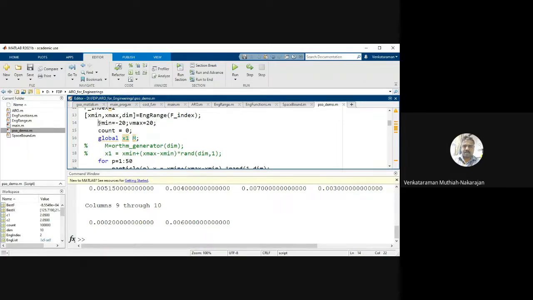If you choose the velocity minimum and velocity maximum to be x min and x max, there is a problem. Velocity minimum is not a negative number in x min, so it won't optimize properly. The optimization will move in one direction, towards the positive direction, but it will never move in the negative direction. That is a problem.